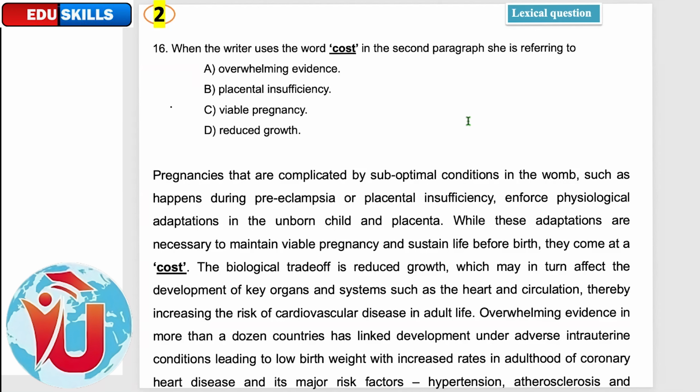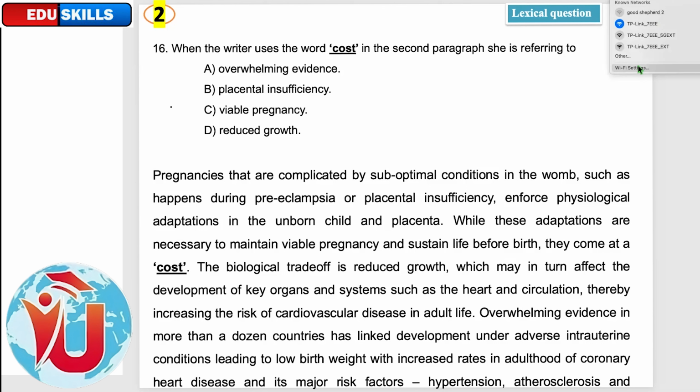Pregnancies that are complicated by suboptimal conditions in the womb, such as happens during preeclampsia or placental insufficiency, enforce physiological adaptations in the unborn child and placenta. While these adaptations are necessary to maintain viable pregnancy and sustain life before birth, they come at a cost.